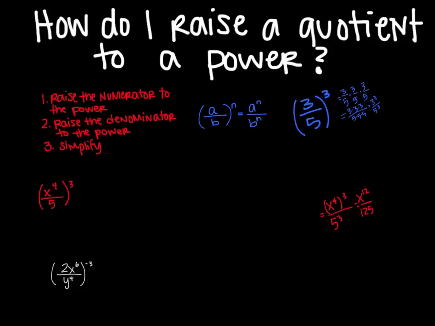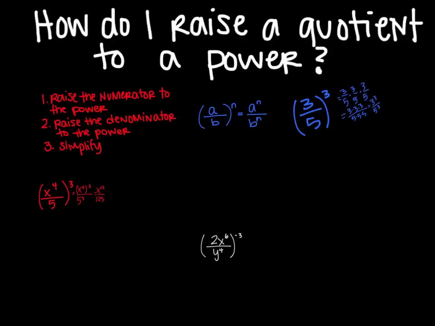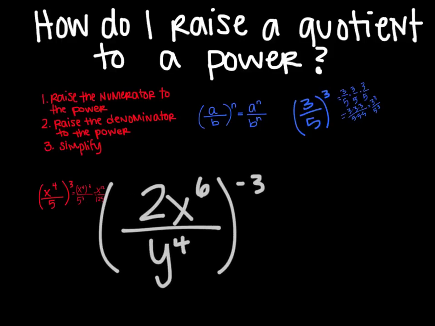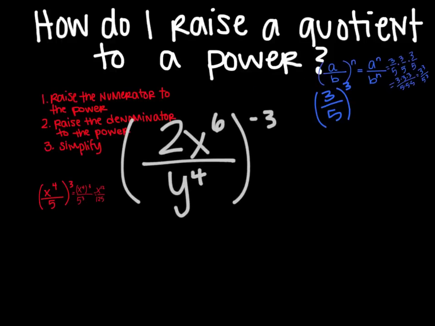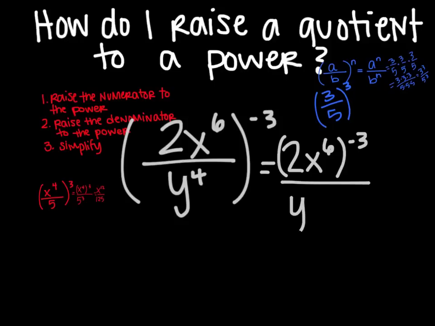Last example for you is just a little bit trickier, because there are negative exponents involved. Just a couple more steps is all, really, but you're still following the same process. So here we go. We have (2x to the 6th power) to the negative 3rd over (y to the 4th) to the negative 3rd power.